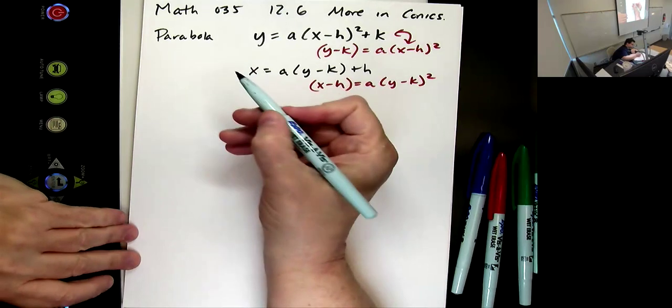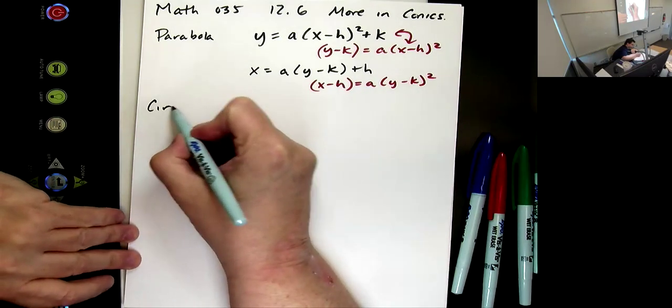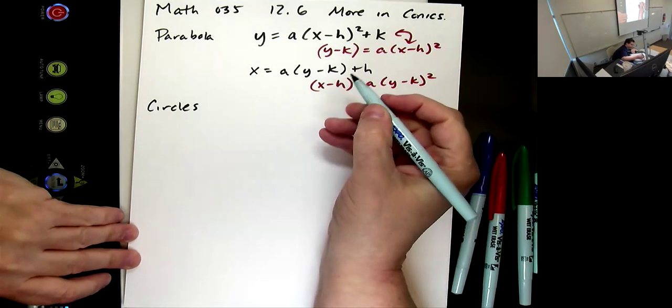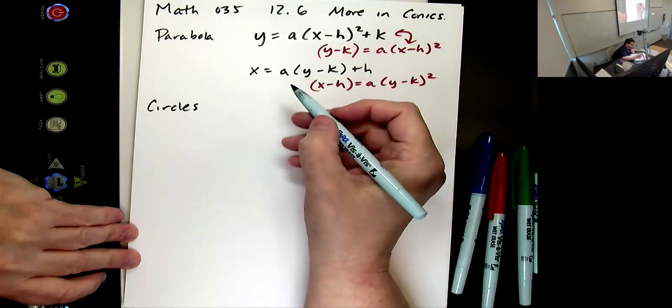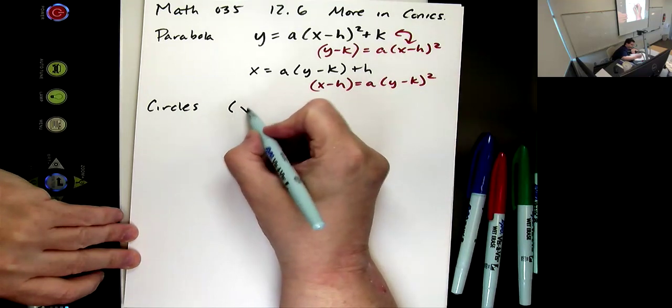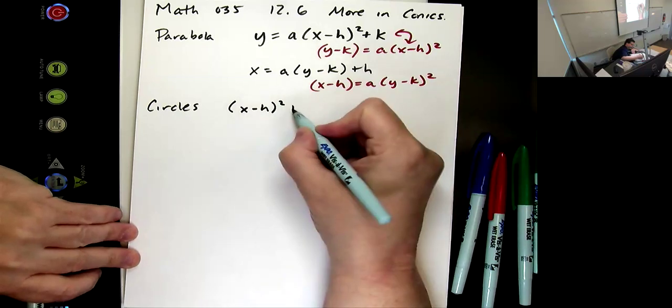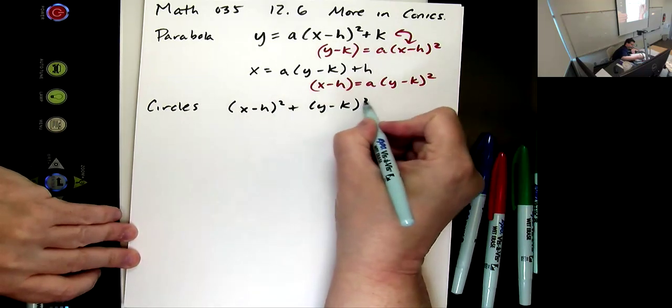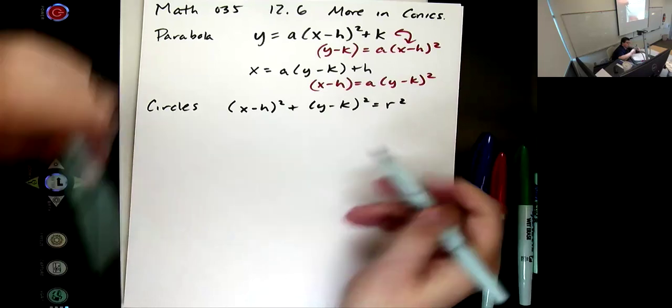So those were our parabolas. Circles have x minus h squared plus y minus k squared equals r squared.